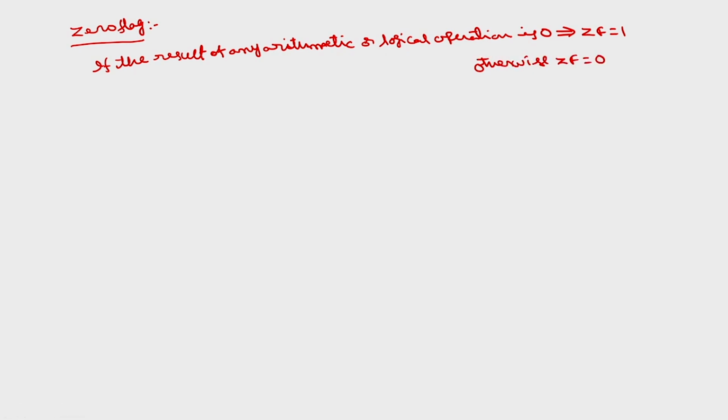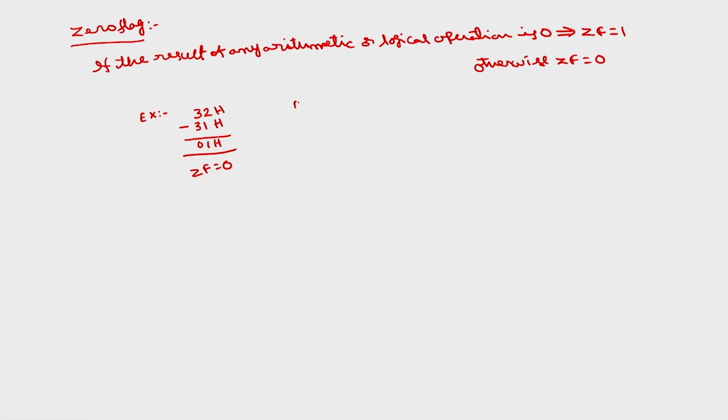If I take the example, say 32H minus 31H, the result is 0001H, so the zero flag will be reset.